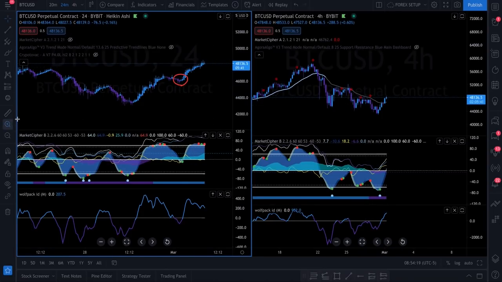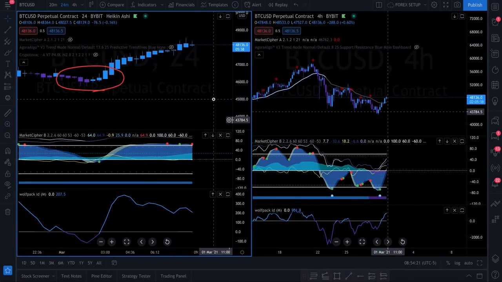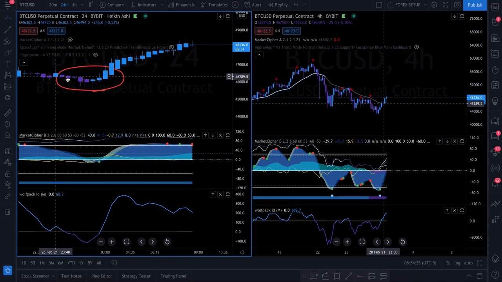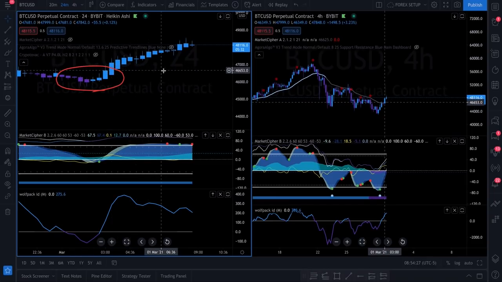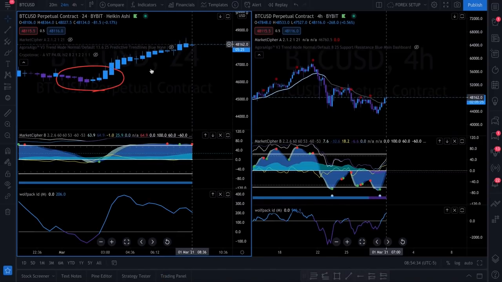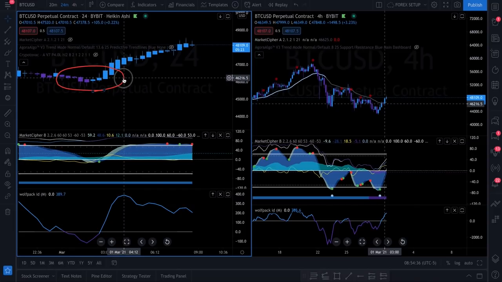If we zoom in right here, we can see we entered right here on this doji, signifying the changing of this downtrend into an uptrend. And we could have exited up here when we saw these dojis starting to form. Of course, we'd use other indications to exit. I'm just giving you an example.